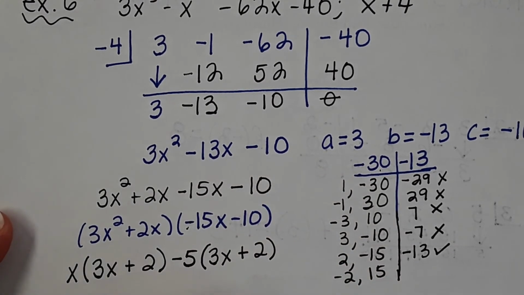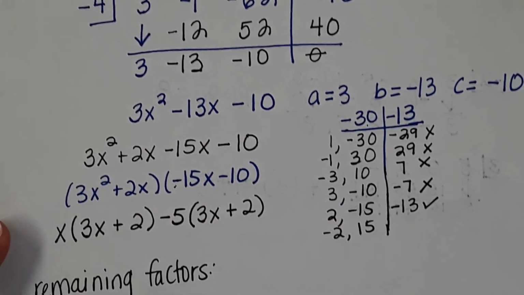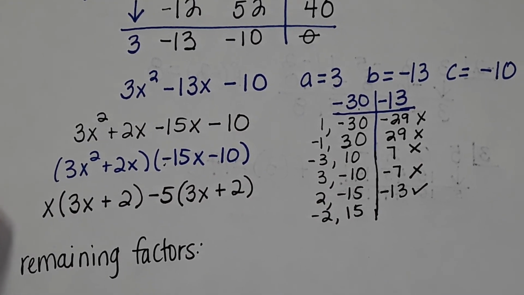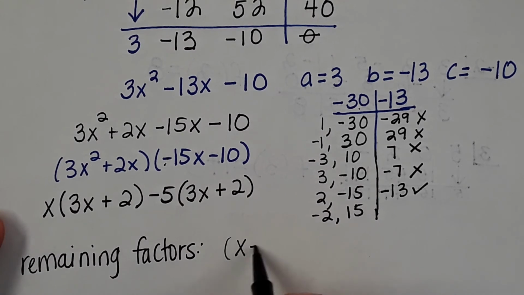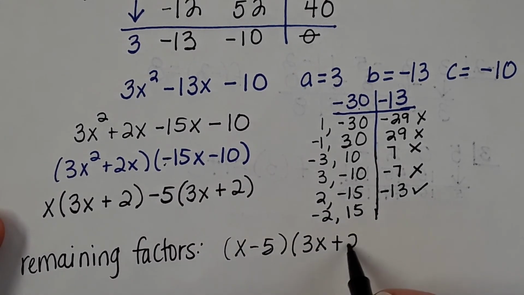So our remaining factors, which you guys can't see, are x minus 5 and 3x plus 2.